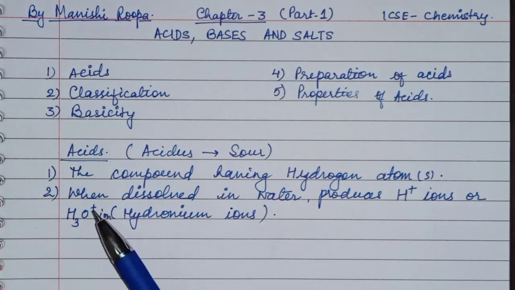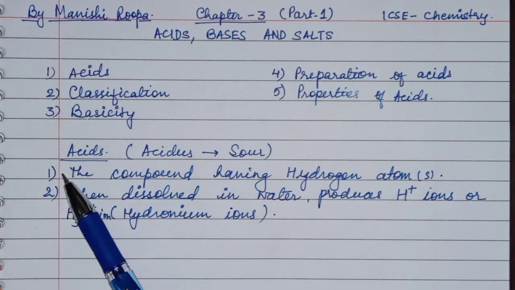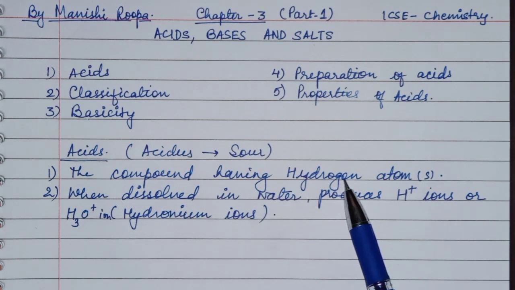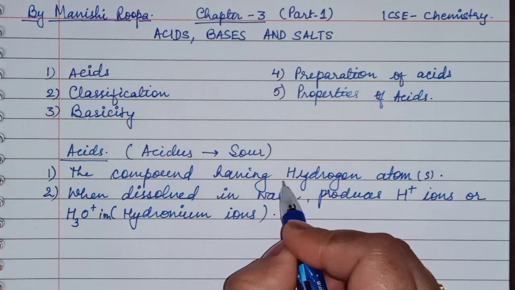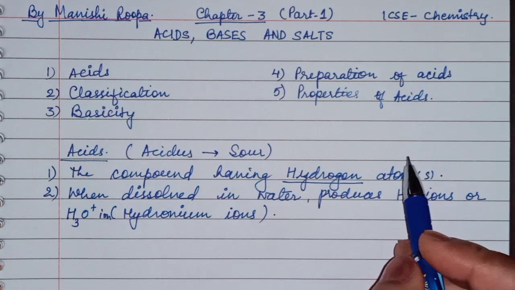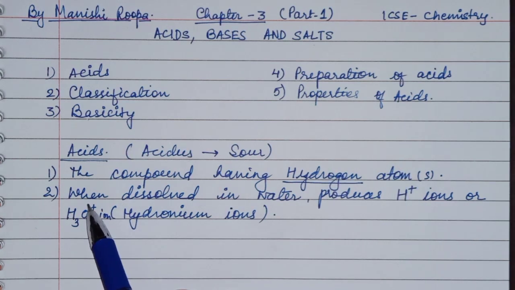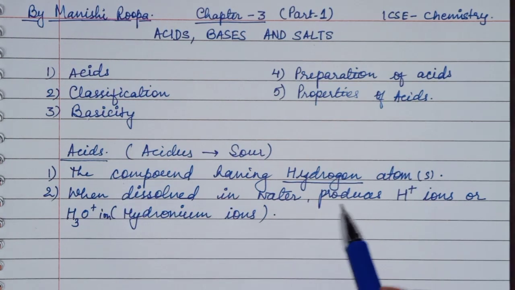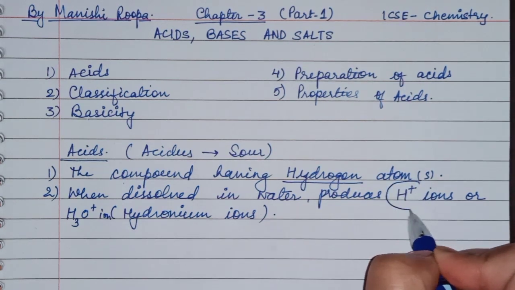So children, there are 2 points related to acids. The compound having hydrogen atom in it. If they have hydrogen atom in it, then it may be an acid. And when on dissolving, these compounds produce H plus ions.